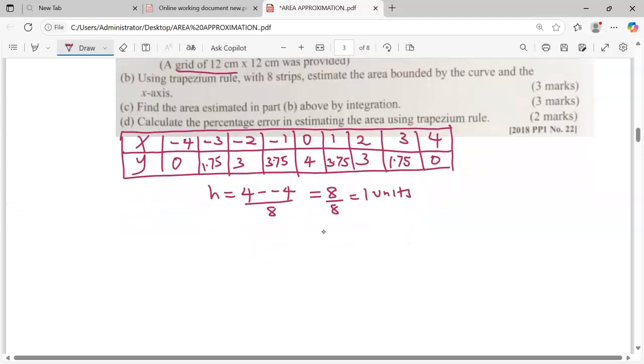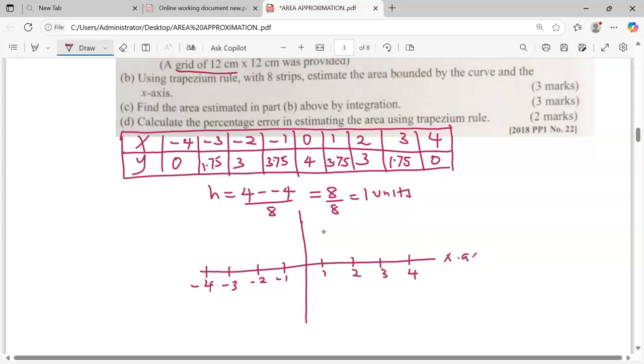Since we do not have that particular graph, we are going to simply sketch. I'm going to try and sketch this. On the x-axis, if this is -1, -2, -3, -4, and then we have 1, 2, 3, 4.